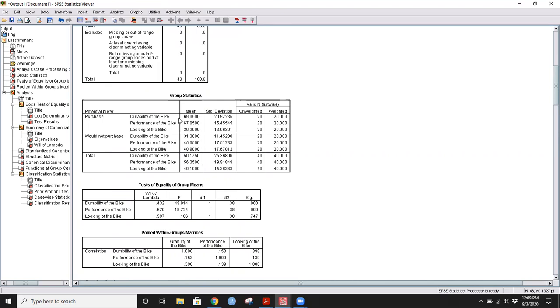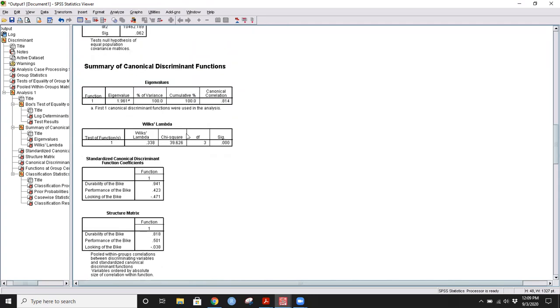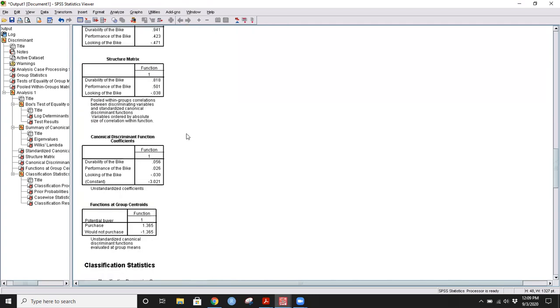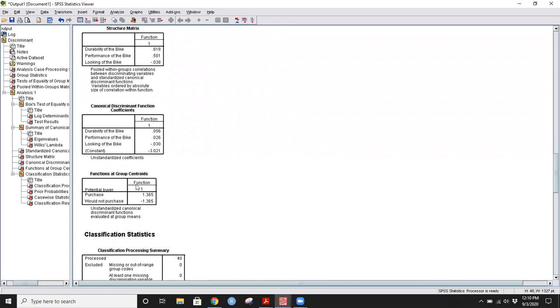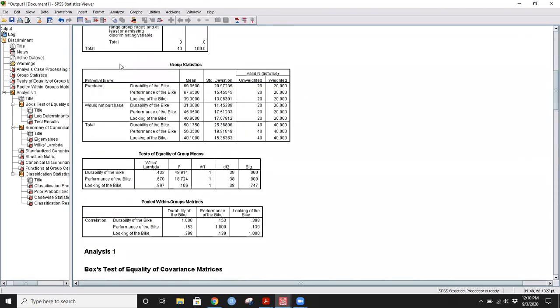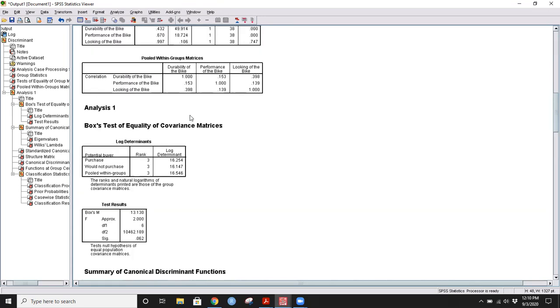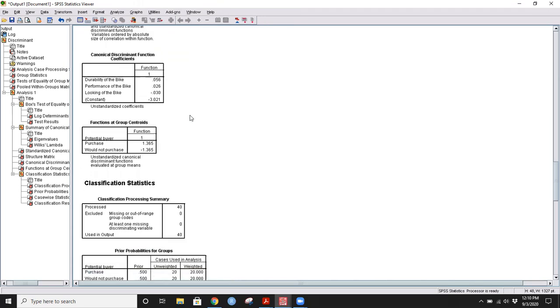Let's say I'm picking 69, 67 and 39, and I substitute these three means in my discriminant function. Then I get a centroid for the category purchase. Likewise, if you pick the means for would not purchase and substitute them in the discriminant function, you get the centroid for would not purchase.